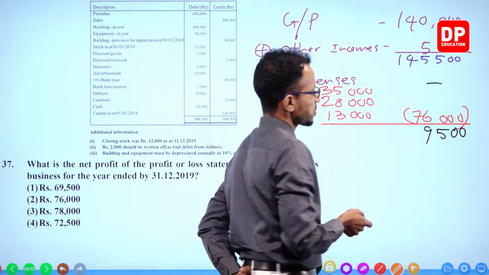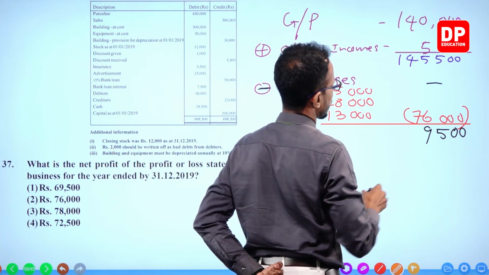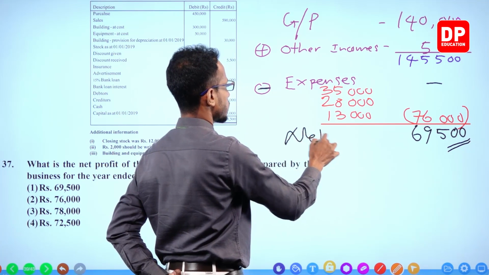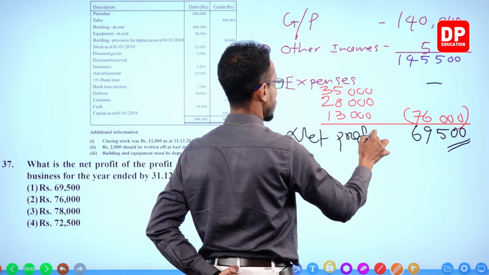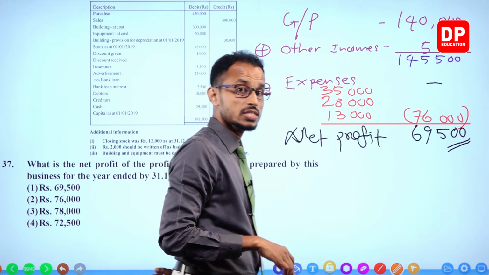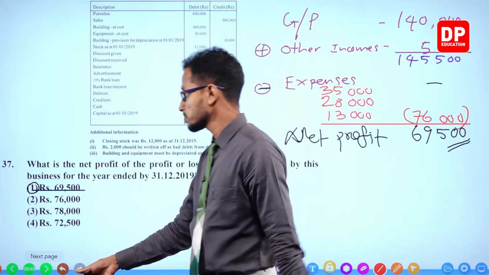Here 13,000 minus 7. 69,500. That is your net profit. Bingo. 69,500. Here we go. Moving on.